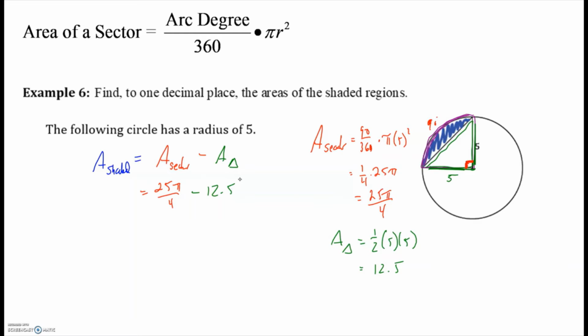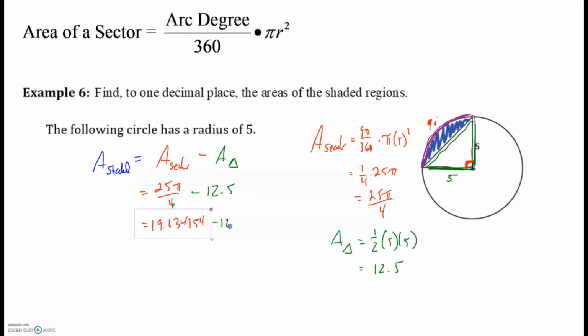So now that I have all the information, I'm going to go back and actually plug that into the calculator. So 25 pi, and if I divide that by 4, that's going to get me a decimal of 19.634954 and so on.